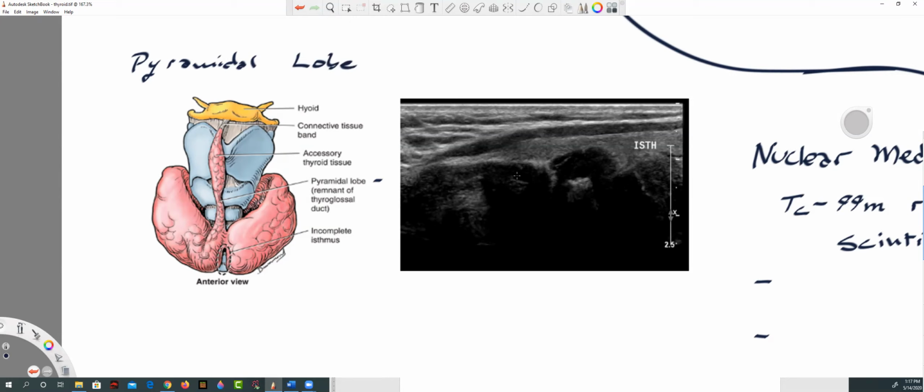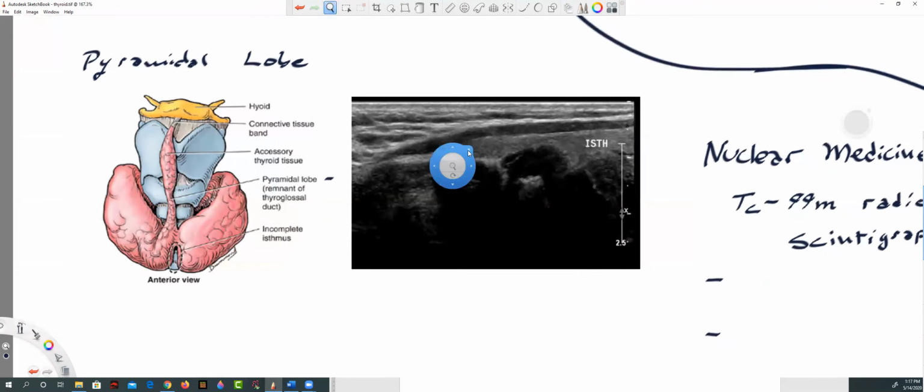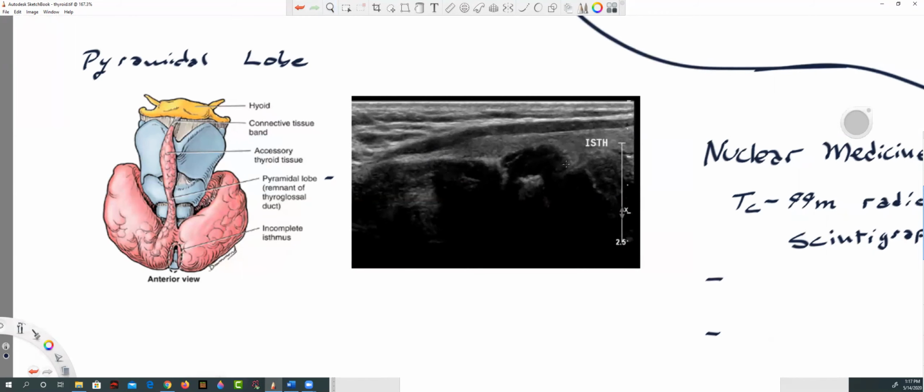Now these tend to be really thin. Honestly, we probably miss them most of the time. If you're not really paying attention, you're not looking for it, you will miss it. I didn't get a lot of good images on ultrasound of what this looks like. Basically, the thyroid on this person is back down here, and what we're showing is a sagittal midline view, and this little point is coming up.